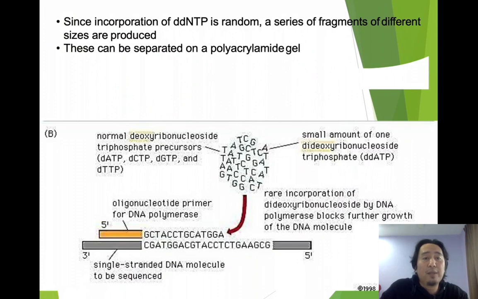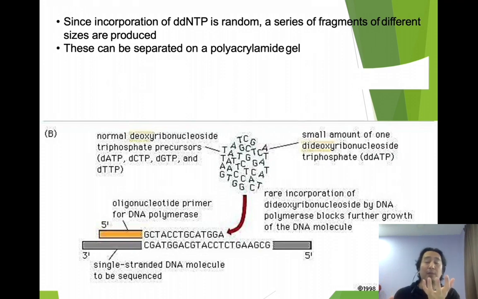Okay. Since incorporation of the ddATP is random, a series of fragments of different sizes is produced. So we cannot control how frequently the DNA polymerase uses ddNTP instead of dNTP. Since we cannot control it, we get a series of fragments.